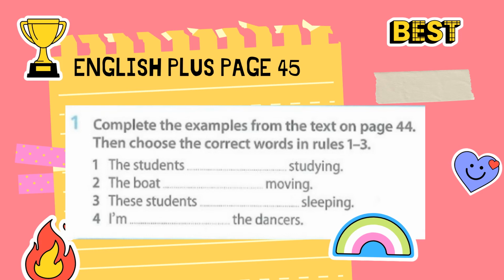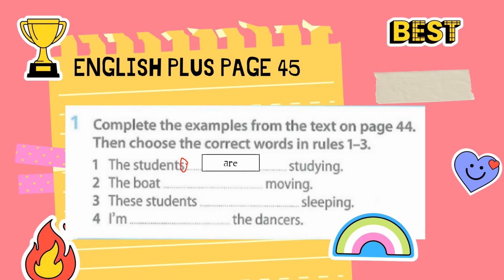So, number 1, the students studying. Students, we have S over here. That means they are in plural form. So, what is the answer? What should we put here? The answer is are, because the students refer to plural form.